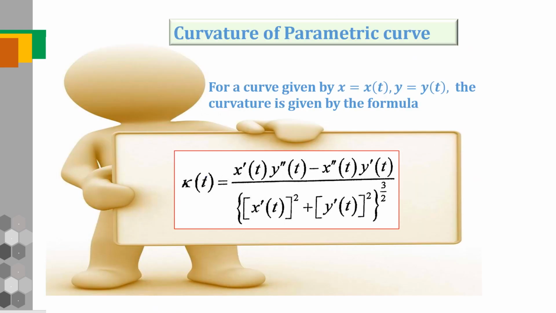Ngayon naman, ang formula para sa pagkuha ng curvature, given yung parametric curve or equations ay ito yung formula. So we have, x prime times y double prime minus x double prime times y prime all over x prime square plus y prime square raised to the power of 3/2.